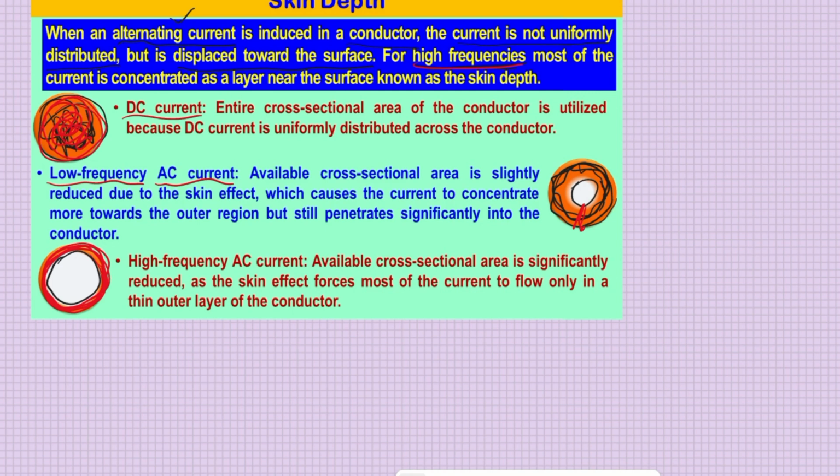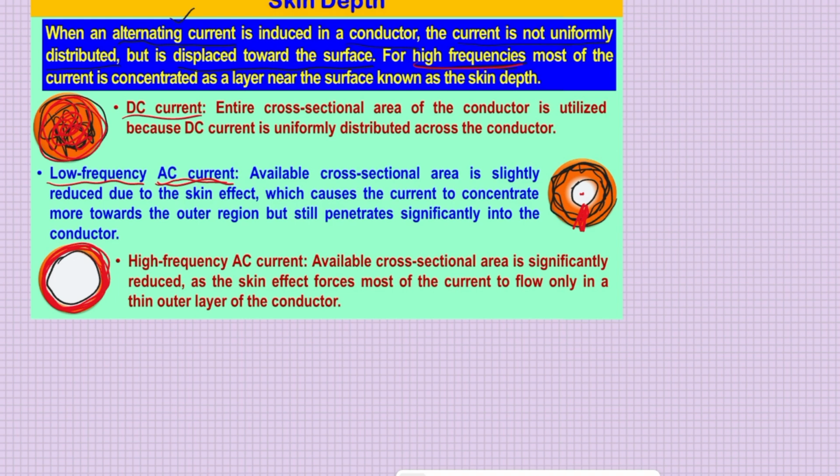That means the depth of the low frequency AC current is more. From the surface towards the core, this is the core, the depth or distance over which the AC signal penetrates is more.